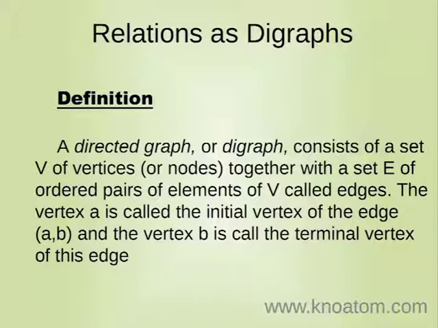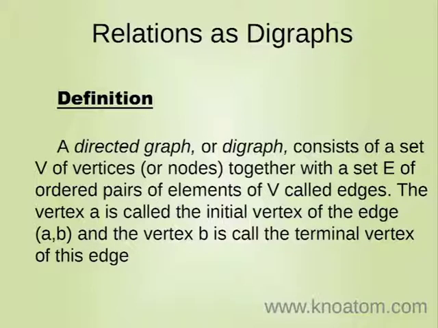Alright, and finally, let's move on to digraphs, or directed graphs. And what is this by definition? Well, a digraph consists of a set of vertices or nodes together with a set E of ordered pairs of elements of V called edges. The vertex A is called the initial vertex of the edge AB, and the vertex B is called the terminal vertex of this edge.